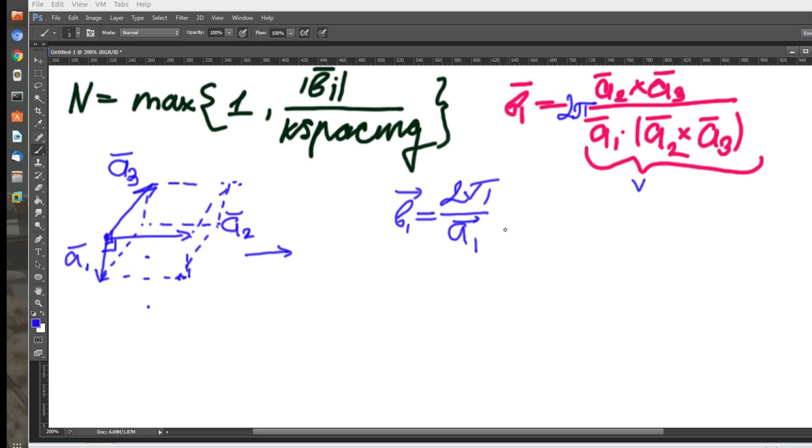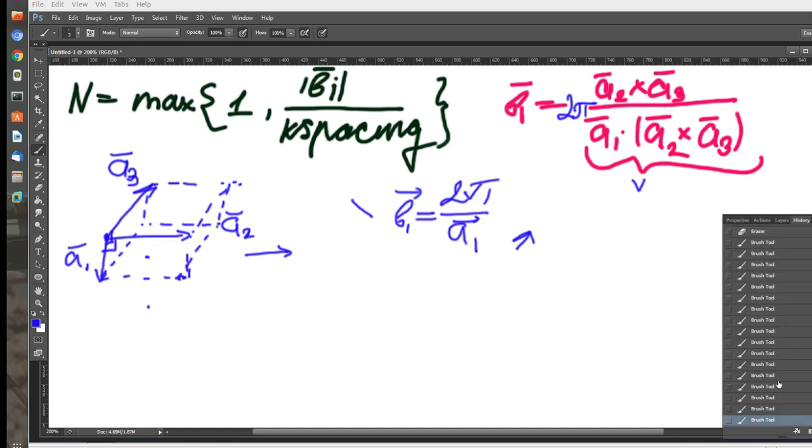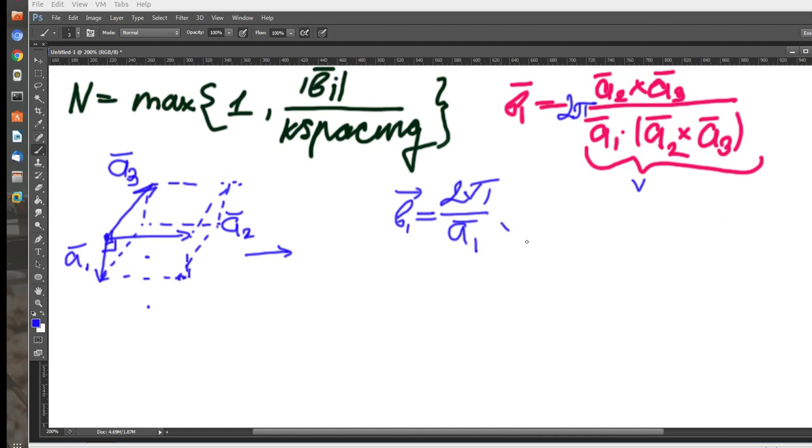That means that if a1 increases, b1 decreases, or oppositely, if a1 decreases, b1 increases.